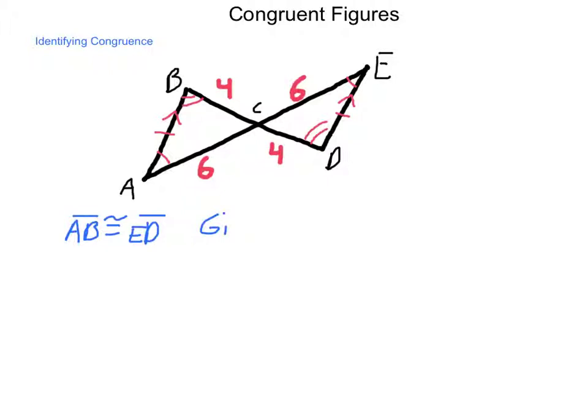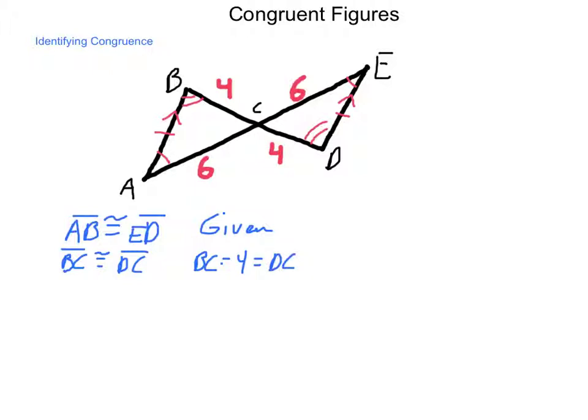There's one hash mark for each one, so we can justify that. We can say that line segment BC is congruent to line segment DC because BC equals 4 and 4 is equal to DC.